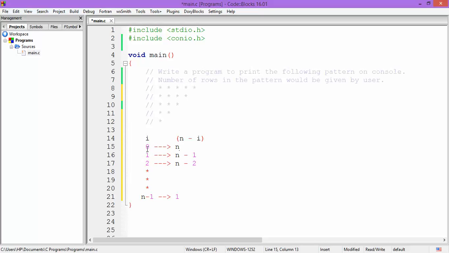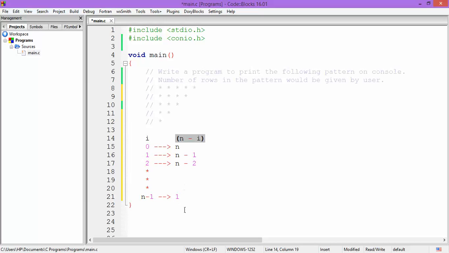So this is correct for 0. If I is 1, in place of I if you replace 1, then it would be n minus 1. So it is again correct. Likewise it would be correct for all rows. So if the row number is I, the number of asterisks contained in that ith row is n minus I.